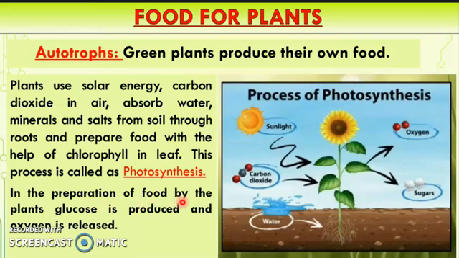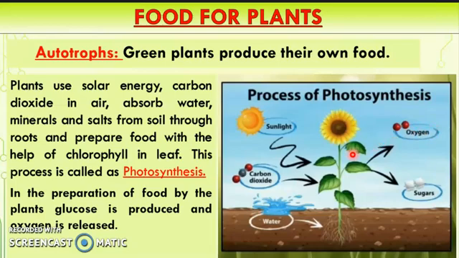In the preparation of the food by the plant, glucose is produced. Okay? Glucose means that sugary content that gives you energy. And the oxygen is released into the air.